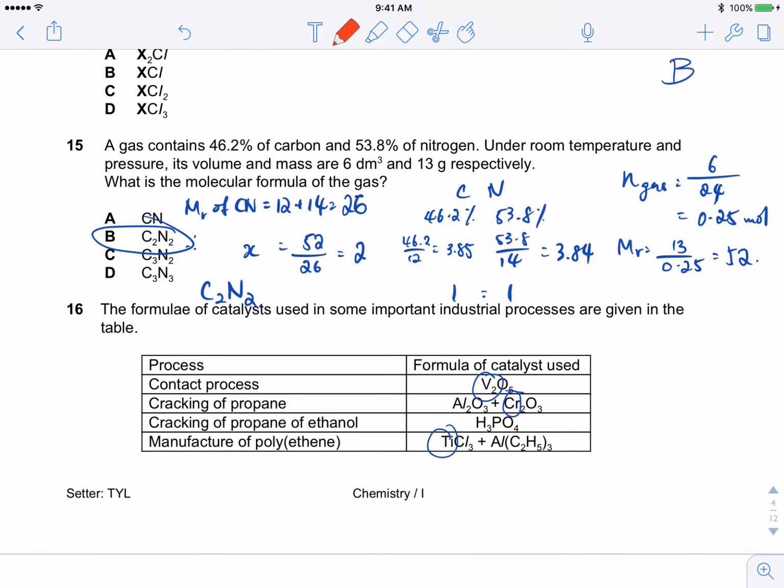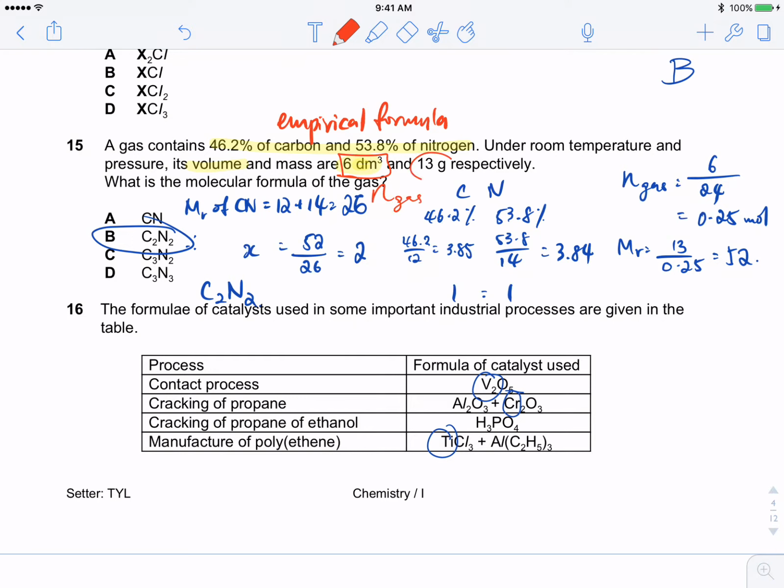Question 15. A gas contained... so from here, you can find the empirical formula. Under room temperature and pressure, it gives volume and mass. So what can you find from the volume of a gas? This will tell you the number of moles of gas.